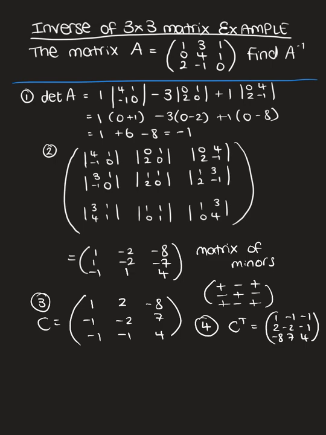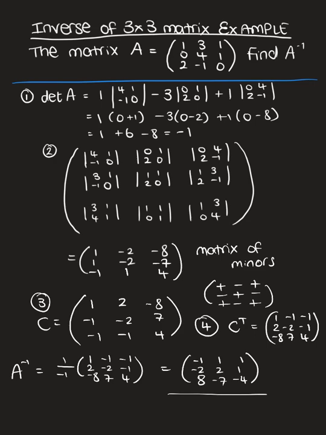And then my inverse matrix, A inverse, was simply 1 over the determinant times this matrix of cofactors transposed. So that's going to give me minus 1, 1, 1, minus 2, 2, 1, 8, minus 7, minus 4. That's my final answer.